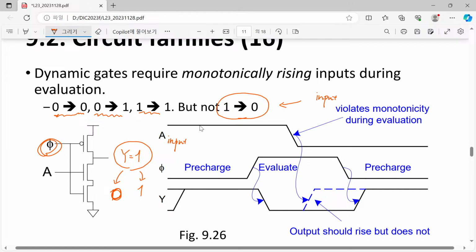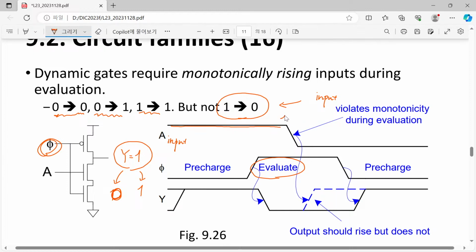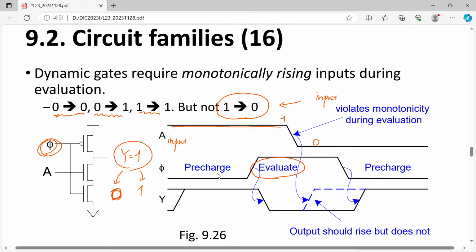Now let's assume that in this evaluation phase, our input signal changes from logical value 1 to 0. Of course, since it is just an inverter, what we can expect is, since the input changes from 1 to 0, the output will change from 0 to 1.